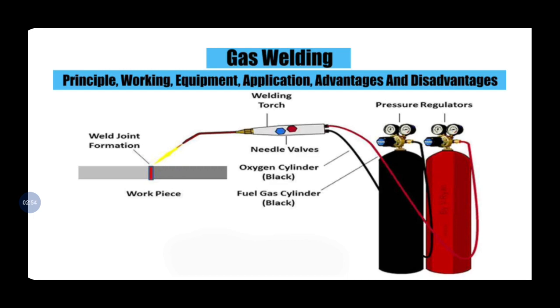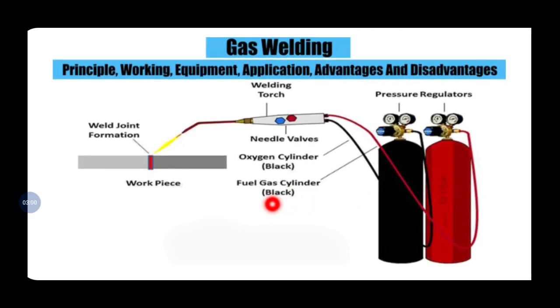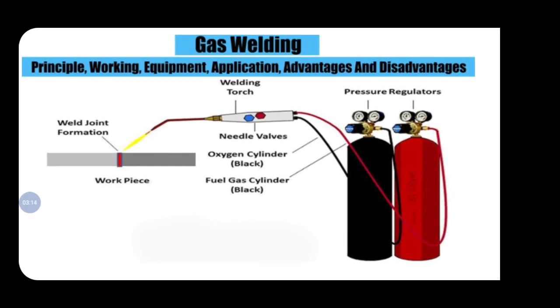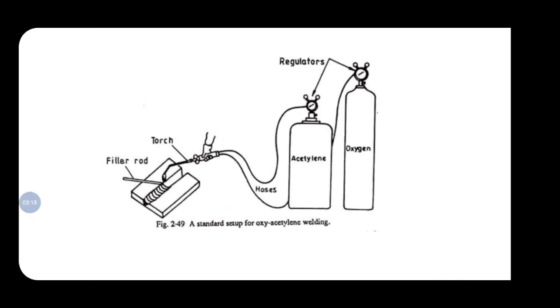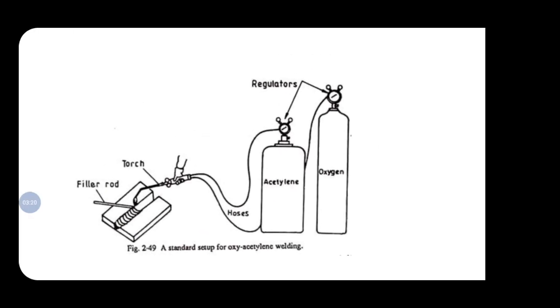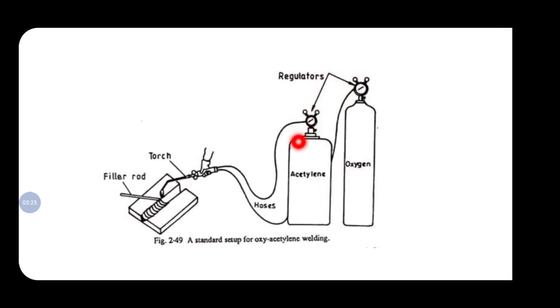The oxygen cylinder is black in color, and this is the acetylene fuel gas cylinder. Once you mix the gases, you will get a flame. This is a diagram for drawing in examinations or in your notes. Oxygen cylinder is there, acetylene cylinder is there, pressure regulators are there, and 2 pipes are connected.